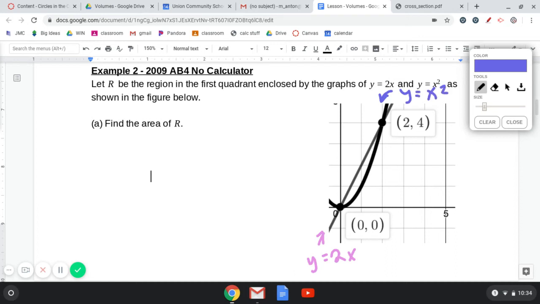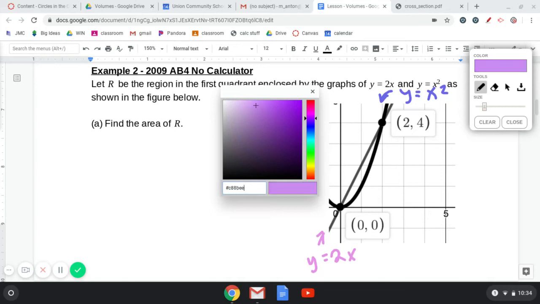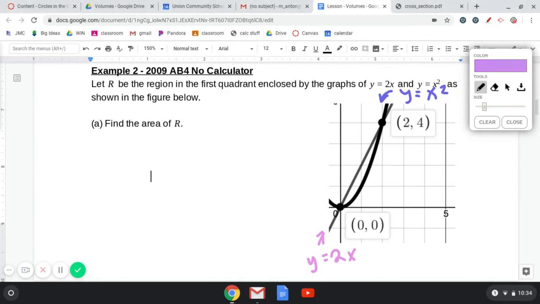Okay, so let's take a look at the area under y equals 2x. So the integral from 0 to 2 of 2x is this whole shaded region.